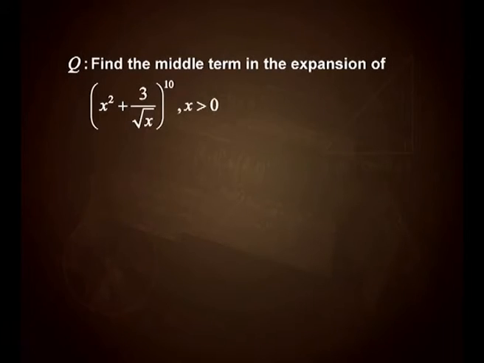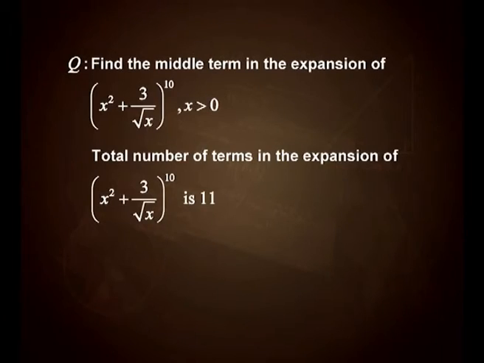Here is another example where we will use the binomial theorem to find the middle term of a certain expansion. So, the question says find the middle term in the expansion of (x squared plus 3 by root x) whole to the power 10. Of course, x greater than 0 to keep square root of x defined.